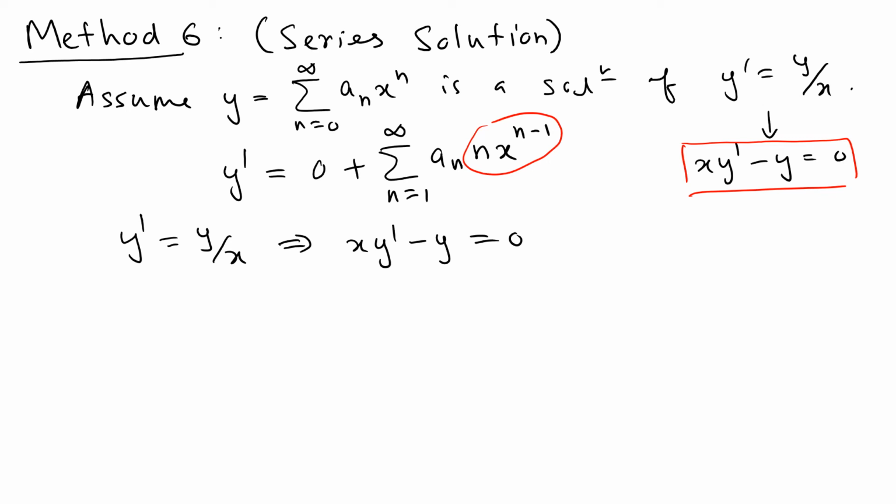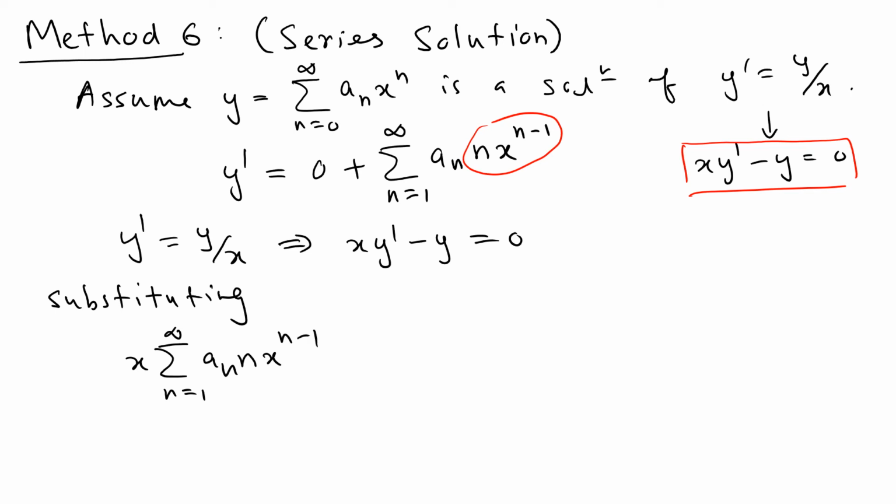Now by substituting, you're going to get x y prime, which we found, the sum for n going from 1 to infinity of n a_n x^(n-1), and then minus y, the original one, the sum for n going from 0 to infinity of a_n x^n, equals 0.